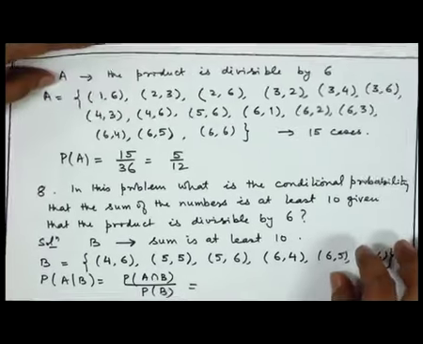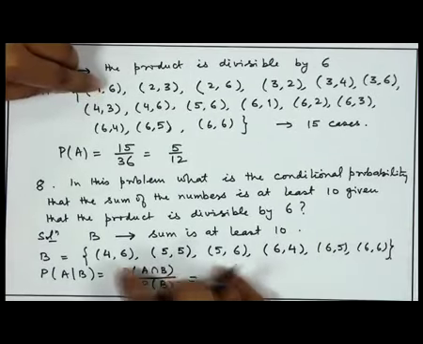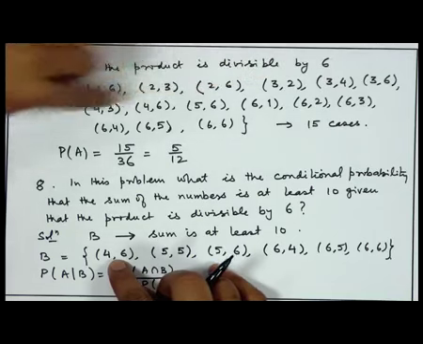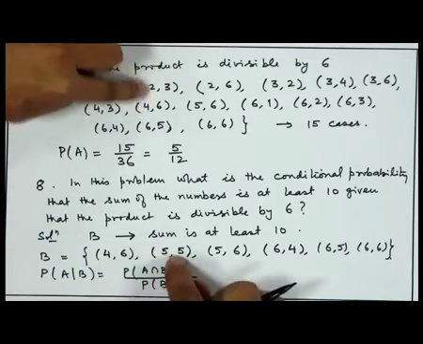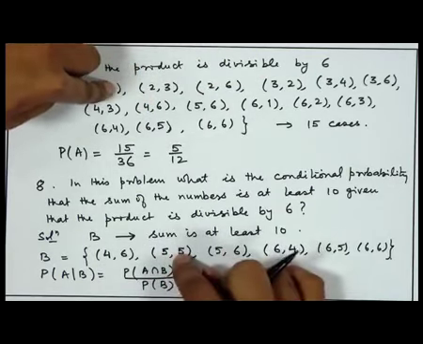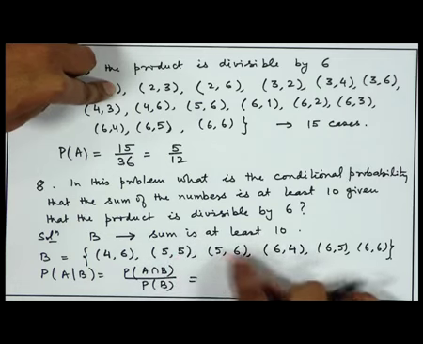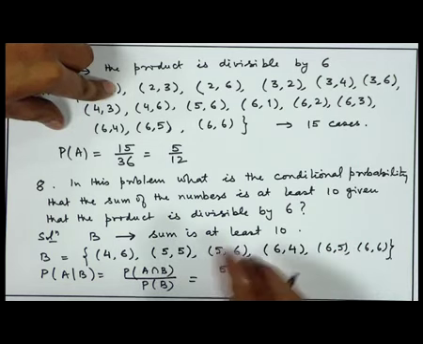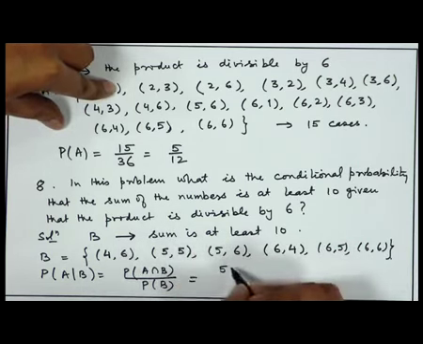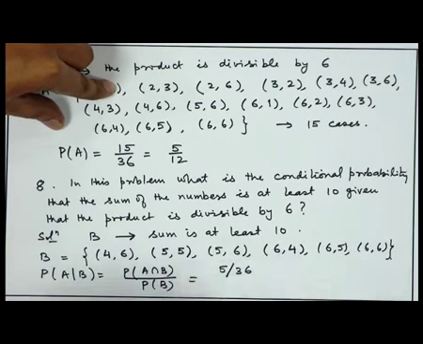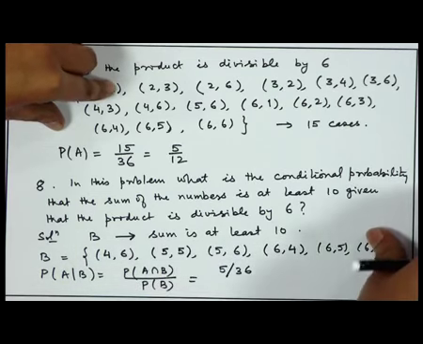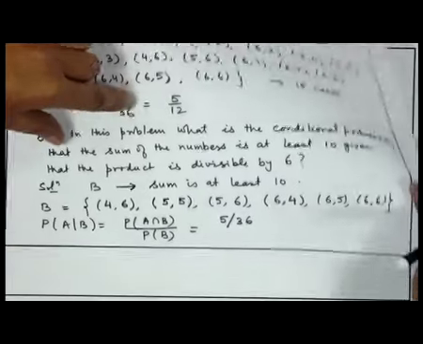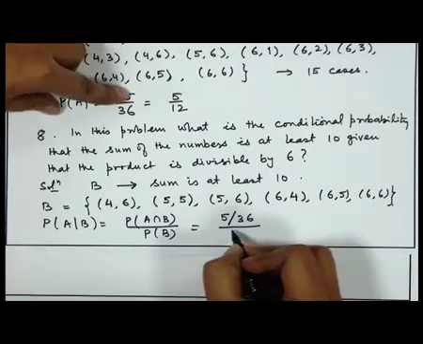So, let us look at this. 4 6 is here, 5 5 is not here, because this is not divisible by 6. 5 6, 6 4, 6 5, 6 6. So, out of these terms 5 terms are common to A. So, the probability of A intersection B becomes 5 by 36.